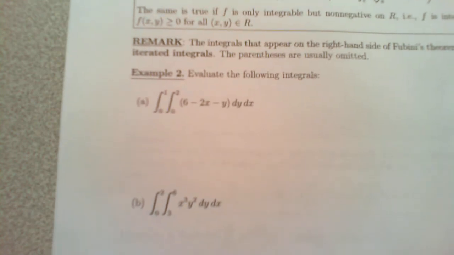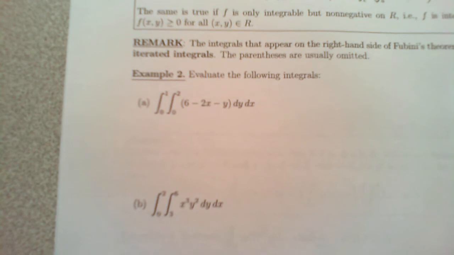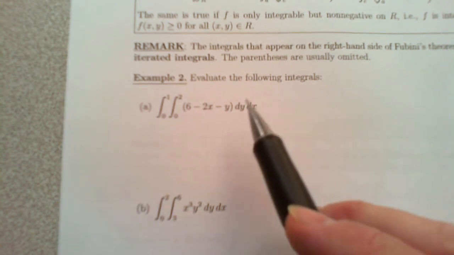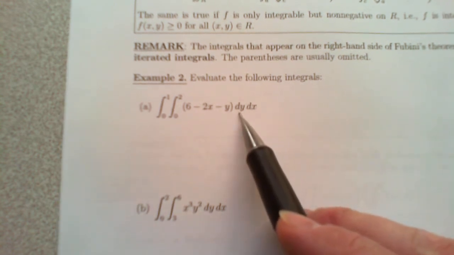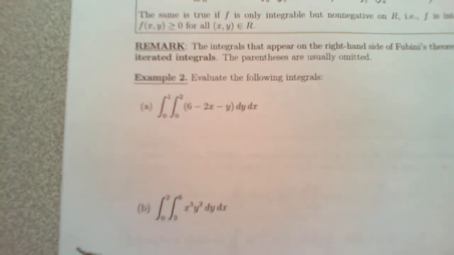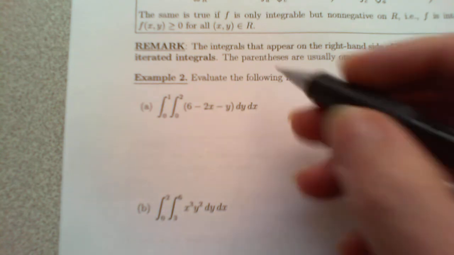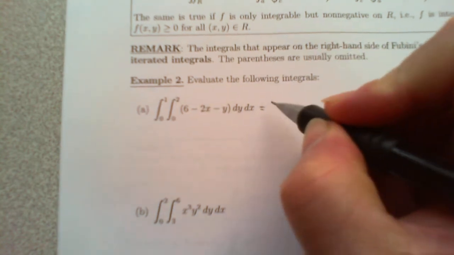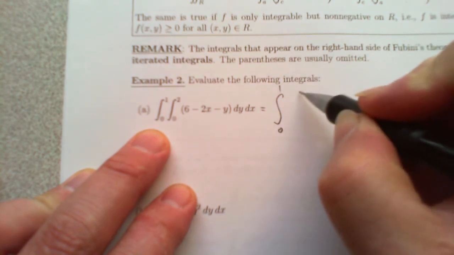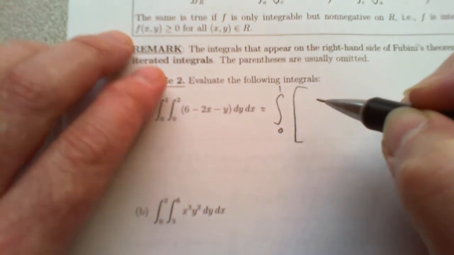Alright, so here's this integral, that same one that we were messing with before. When you're doing the integration, just like how differentiation worked when we had multiple variables, I'm integrating with respect to y, so you want to treat x as a constant. What do I mean by that? First, leave the outside integral alone, 0 to 1. Now I'm going after this inside integral.